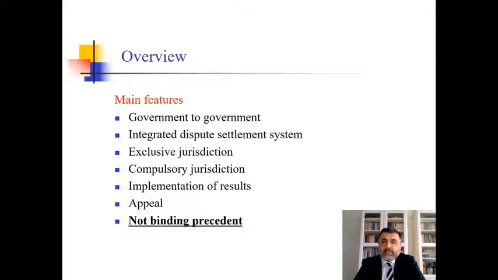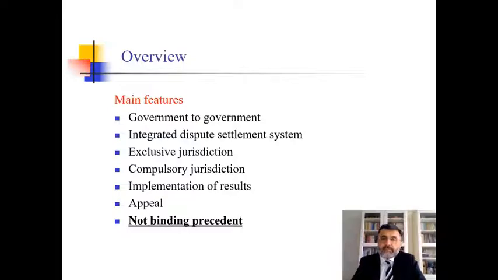Compulsory jurisdiction means that once you become a WTO member, in a sense, you cannot run away from the jurisdiction of WTO panels and the appellate body, right? So you are bound to follow the DSU, which is also one of the agreements attached to the WTO agreement, for the disputes that arise from the implementation of the WTO agreements.